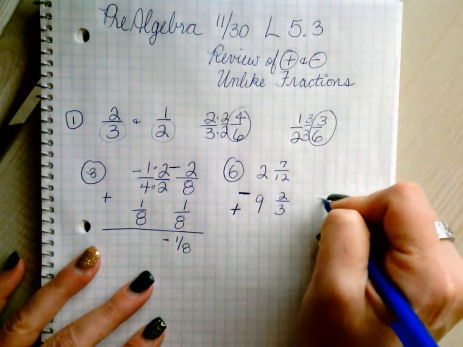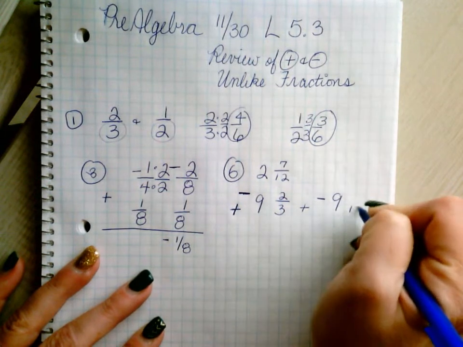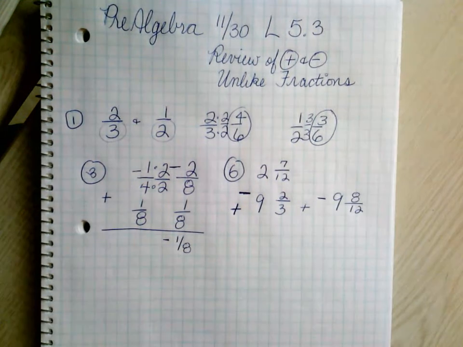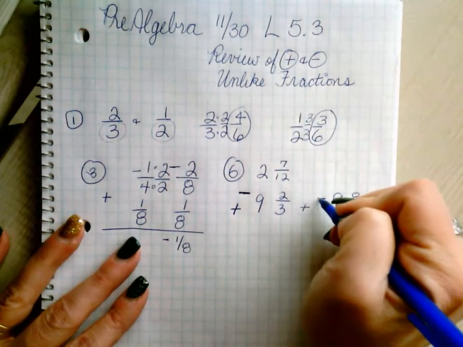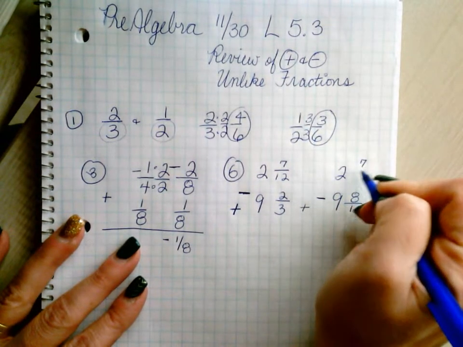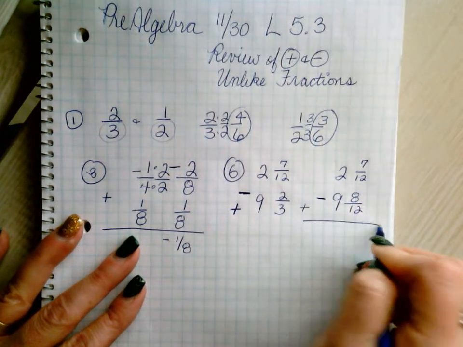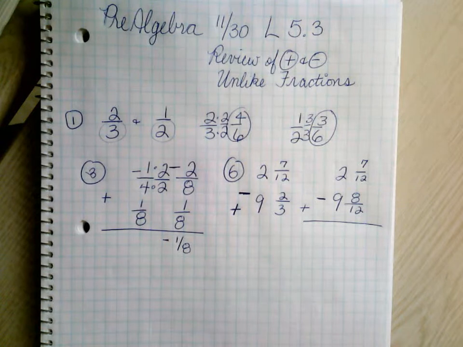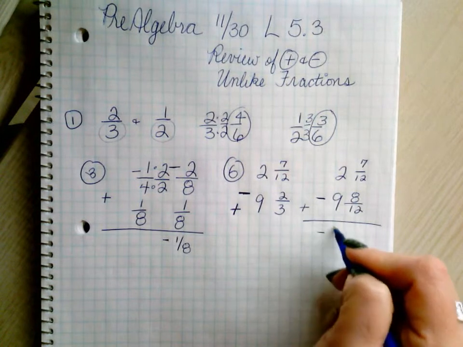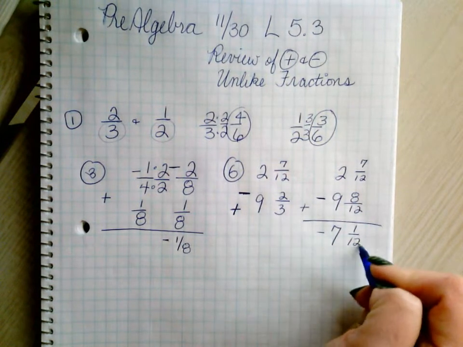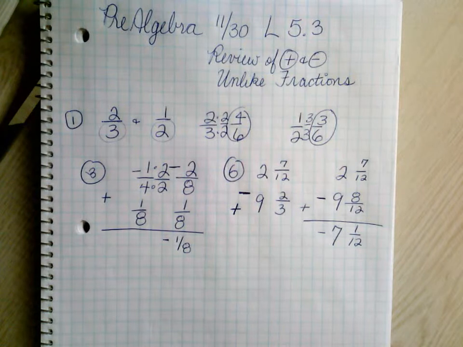So we're adding the opposite, 9 and 8/12ths, right? The top one is 2 7/12ths. When you add the opposite, you're really finding the difference between the two and keeping the sign of the larger. So it becomes -7 1/12. If you like doing it the other way, converting them to improper fractions and then converting them back, that's fine too. Whatever way you like. Okay? Let's do 7.